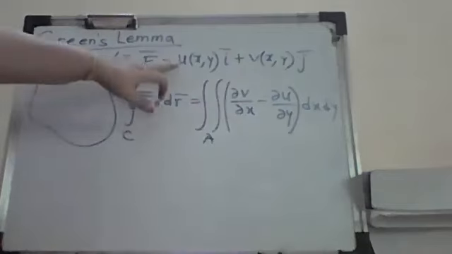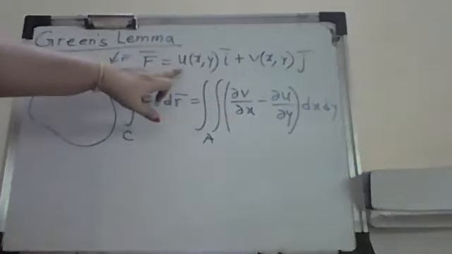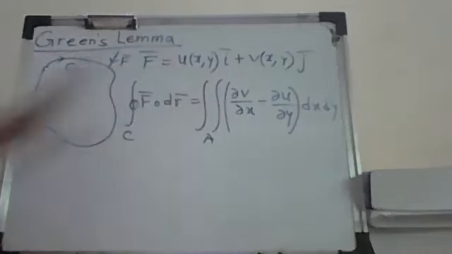So how do you define this? This is the vector field, which is always given in terms of x,y. It must always be in terms of x,y. Then we can apply this. So we'll see one simple example here.